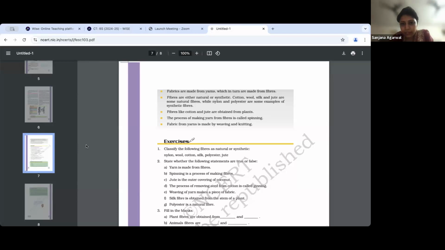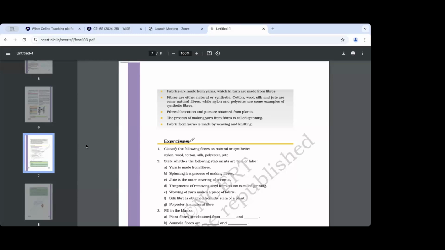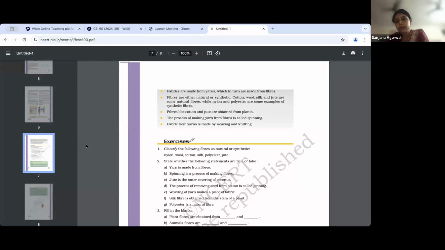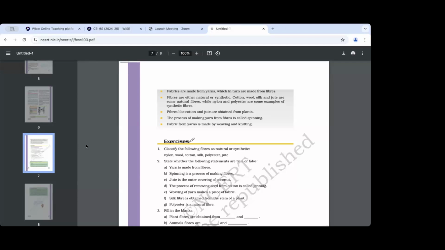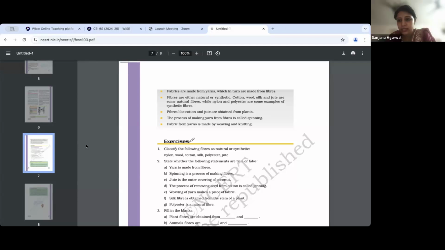Silk fiber is obtained from the stem of a plant. False. We get it from the silkworm. You know which is the most expensive fiber in India? Silk. Cotton is very easily accessible. Silk, because we get it from the silkworm. What is the size of a silkworm?